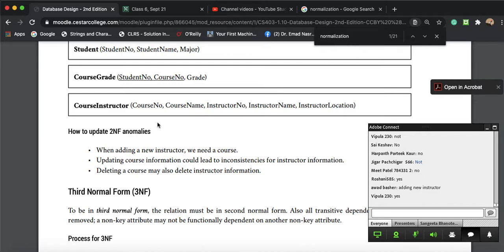What if this instructor is not working for us anymore and we want to delete their details from our database? How can I delete the instructor without deleting the course? I can't. So this relation, is it in the second normal form? Yes, because it has a single primary key. But is it a good design? No.